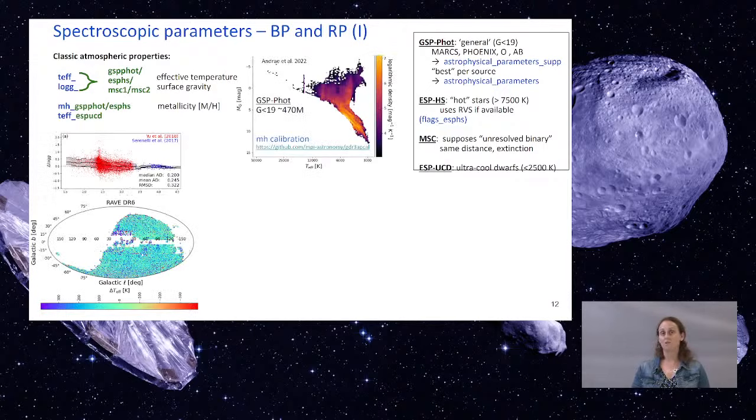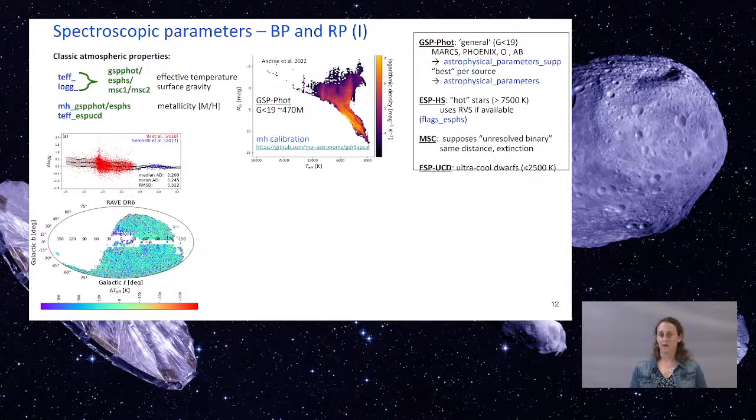Okay, so let's start with the GSP-Phot results. Here I'm showing an HR diagram with temperature and absolute magnitude that you will also find in the archive, again for only sources up to magnitude 19. You can see that they have temperatures all the way up to 50,000 Kelvin. On the bottom panels, I'm showing a comparison of the surface gravities with external data.